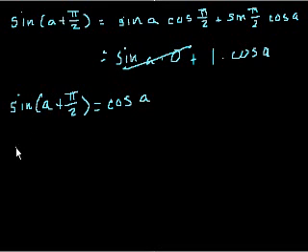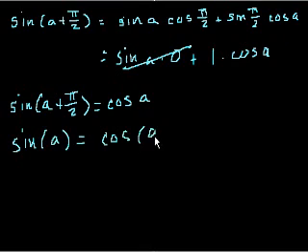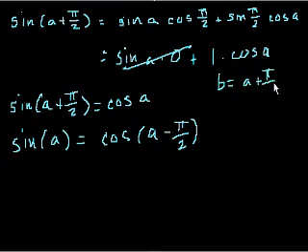You might want to actually graph the two, and I think you'll get a sense of what I'm saying. Another way to rewrite this exact same thing is that the sine of A is equal to the cosine of A minus pi over 2. Let's say B is equal to A plus pi over 2.